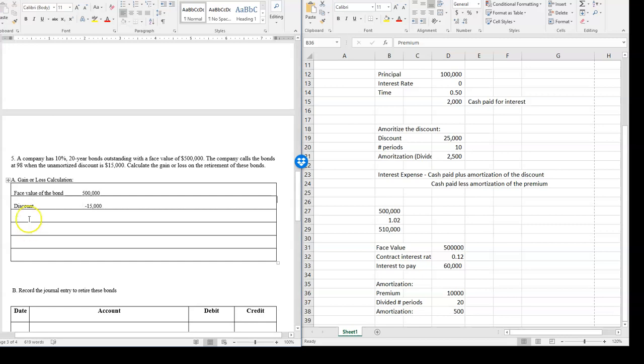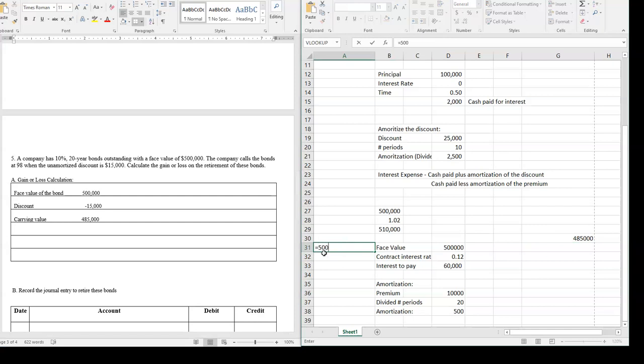So right now our carrying value of the bond is 500,000 minus 15,000. All right, so we have 485,000. And then we compare that to what we're going to get, or what we have to pay, I should say, when we call this bond. So the company calls the bonds at 98. So at 98, again, is a percentage. So we'll say the face value times 0.98, and that's how much proceeds we have to pay.